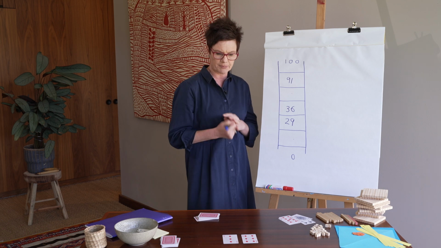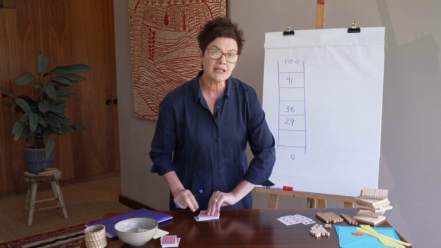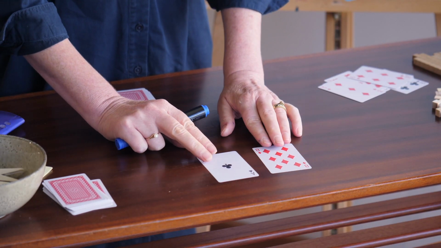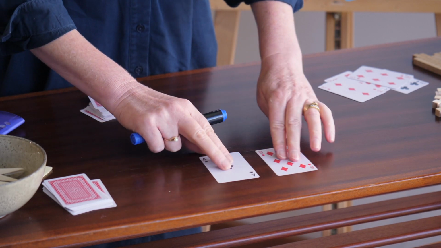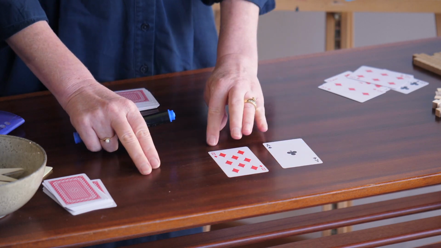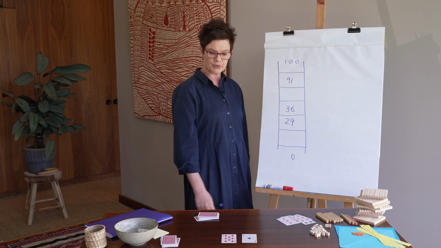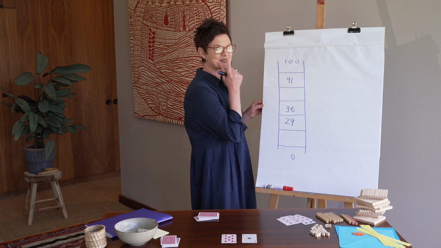Here comes the tricky part. Wish me luck. My next two numbers are 1 and 8. 1 and 8 could be 18, or if I switch it, it could be 81. Let's see where that would fit. Oh, what beautiful numbers. Both of them will fit in my rungs.